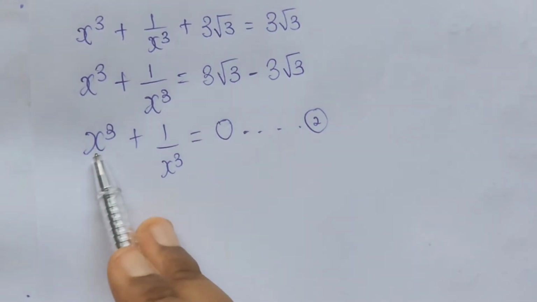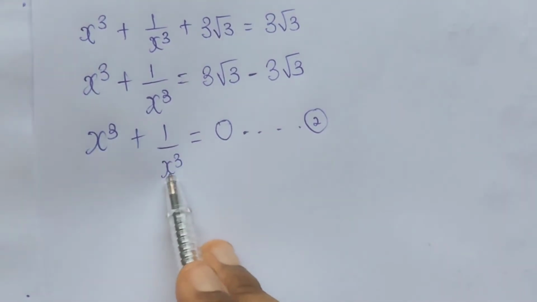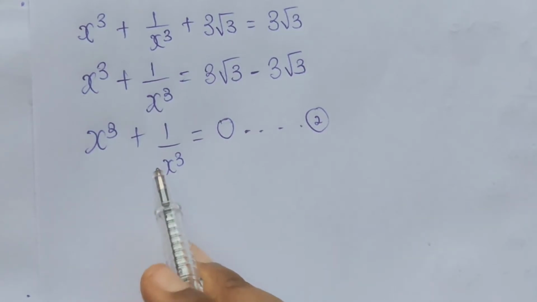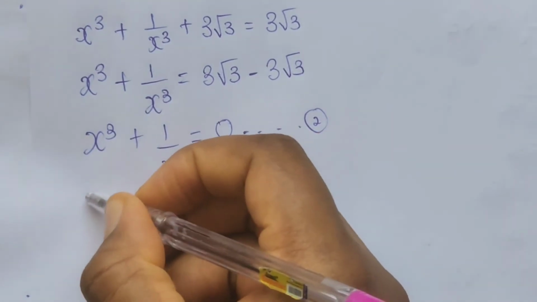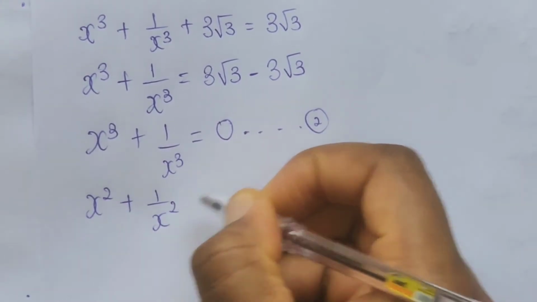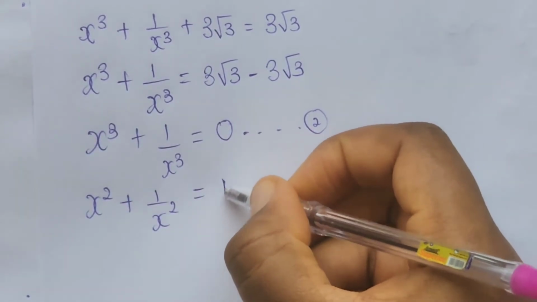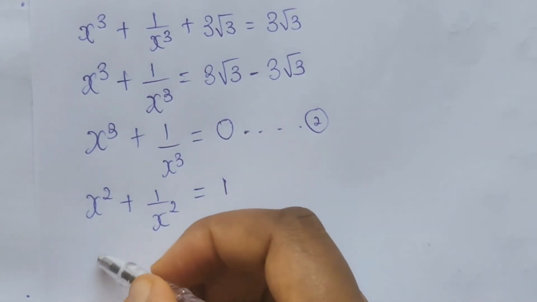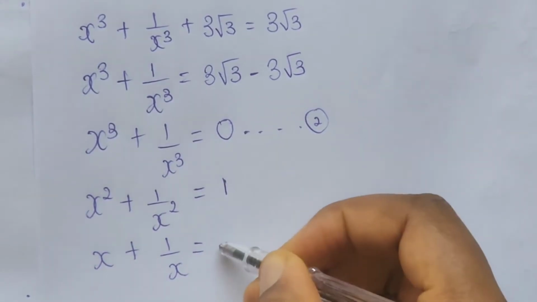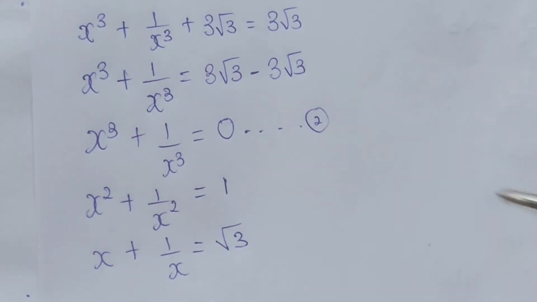So from here we've gotten our x cubed plus 1 over x cubed to be 0, our x squared plus 1 over x squared to be equal to 1, and our x plus 1 over x to be equal to root 3.